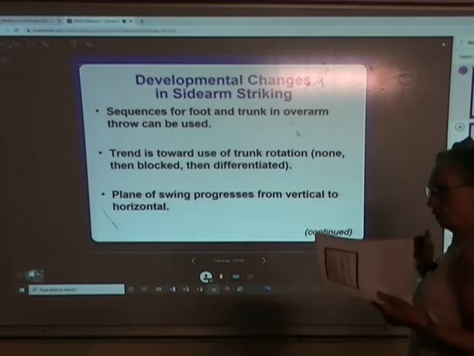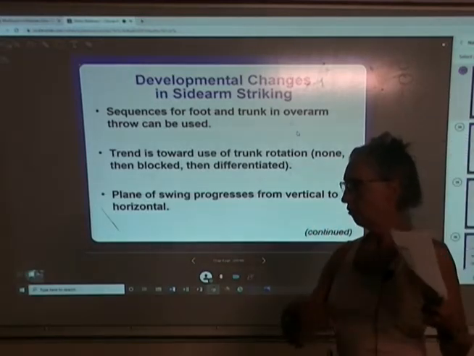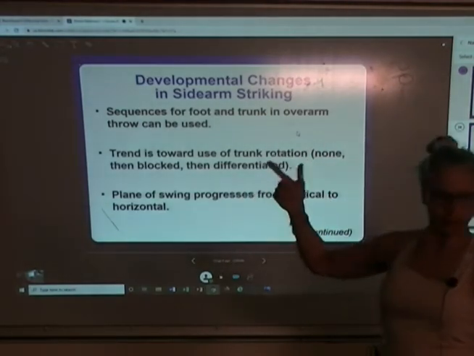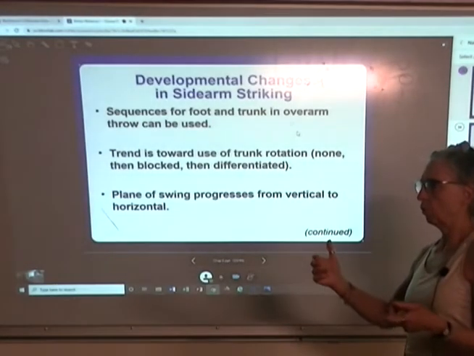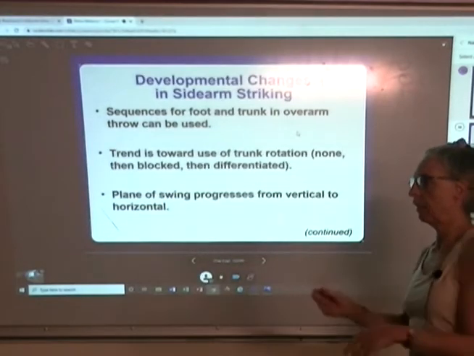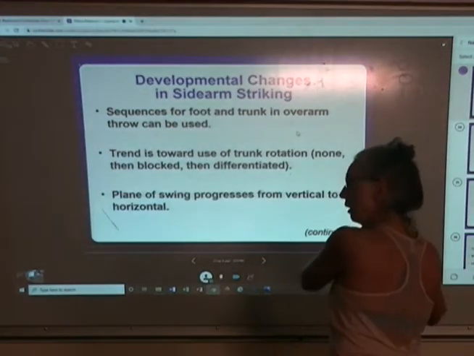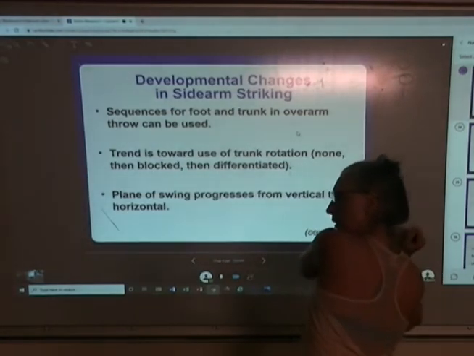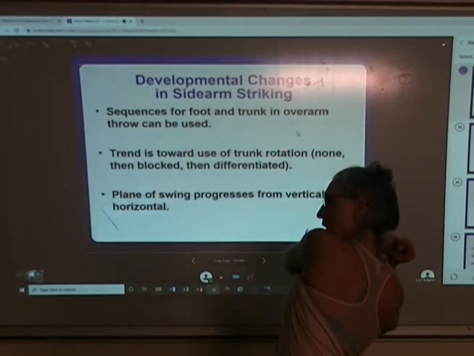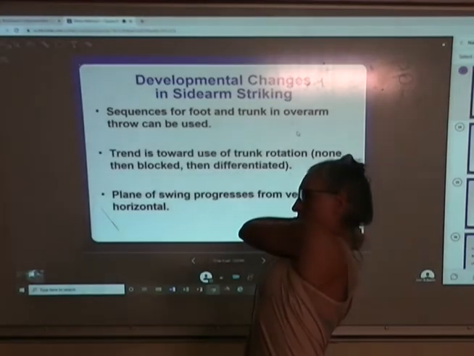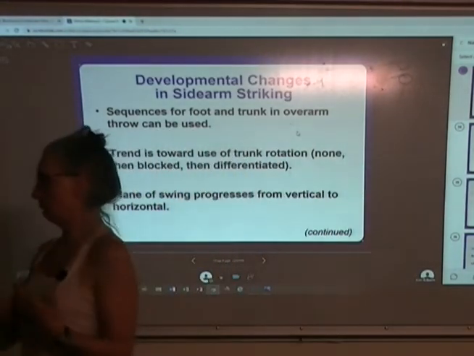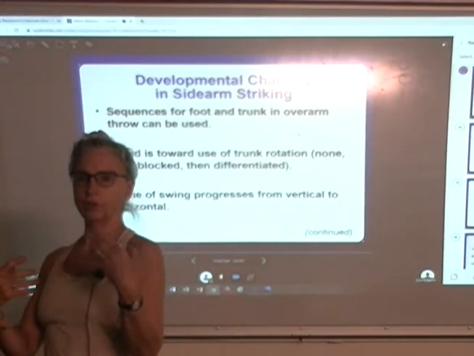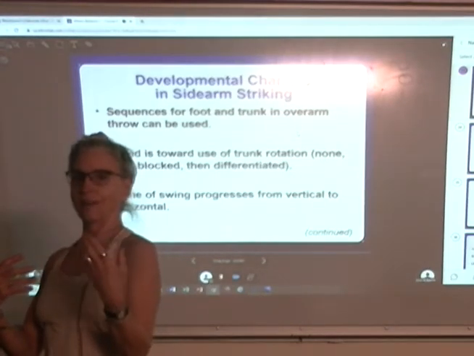And then we should see some differentiated rotation. All right? Particularly if you're looking at baseball. I don't know enough about softball, but if you think about watching a really good batter, right? Then their hips go, then their trunk goes, and then their shoulders and their arms go, I think. I'm relying on you here, Ryan. Is that right?